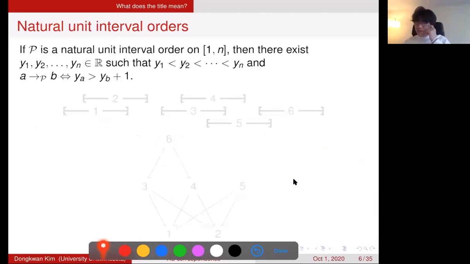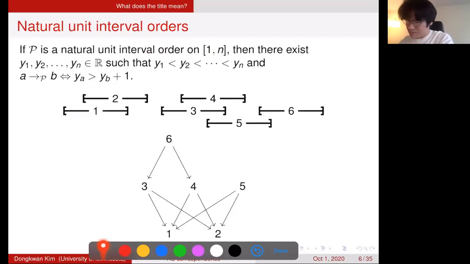Another way to describe this natural unit interval order, in more detail or more intuitively, is to introduce this interval diagram here. If P is a natural unit interval order on these numbers, then there exist real numbers y1 to yn in increasing order, which gives you the fact that our order respects the usual order, and A is greater than B if and only if y_A is bigger than y_B plus 1.